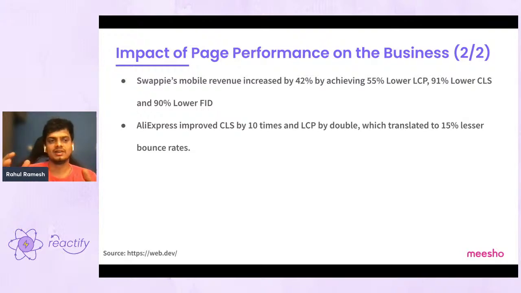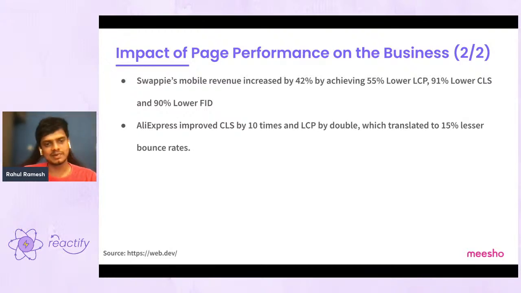They have also mentioned that this was a months-long effort. There are companies who have spent months on web vitals improvement to get to these stages, right? So here, by improving LCP, CLS, and FID, Swappy has seen a 42% increase in revenue, which is huge, right?